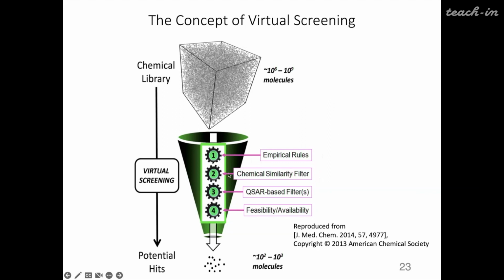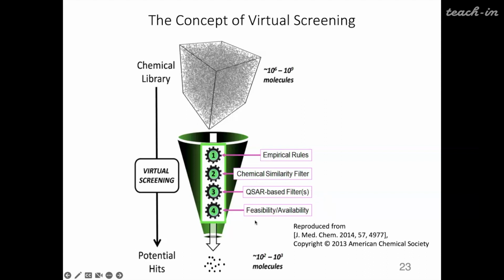And next we can filter molecules by chemical similarity. This can be Tanimoto similarity computed on molecular fingerprints, for example, the approach we have discussed previously. Then we can apply QSAR-based filters. And this stage may include many QSAR models that are applied consequentially. So many ADMET profiling studies use a great number of QSAR models.